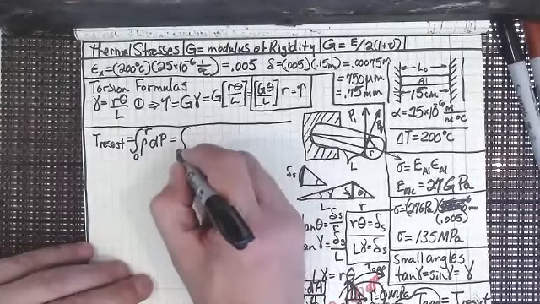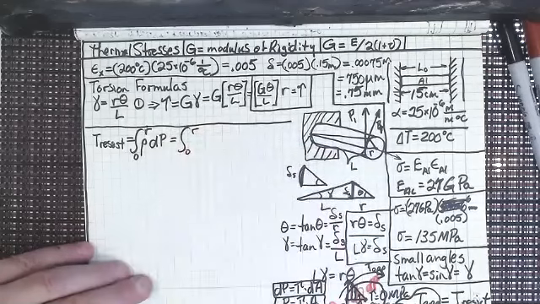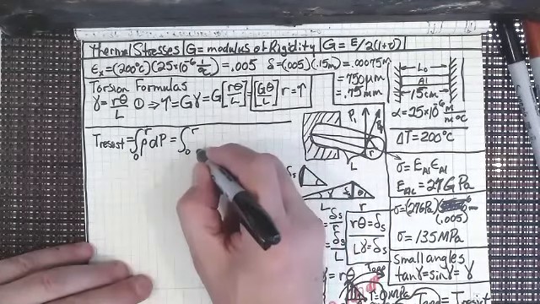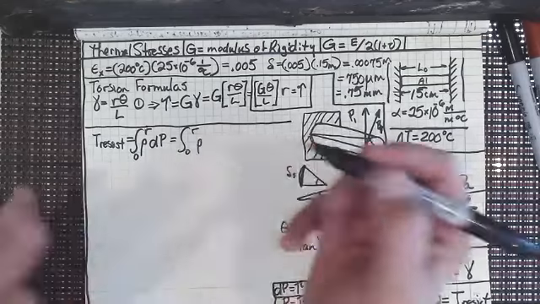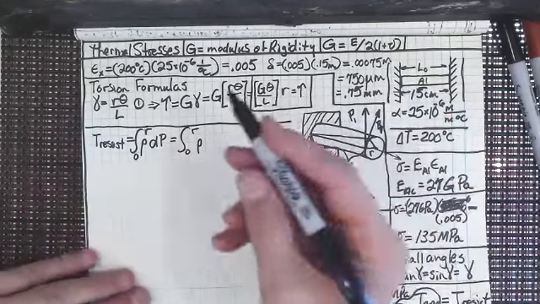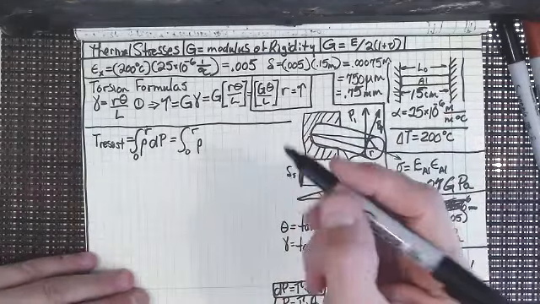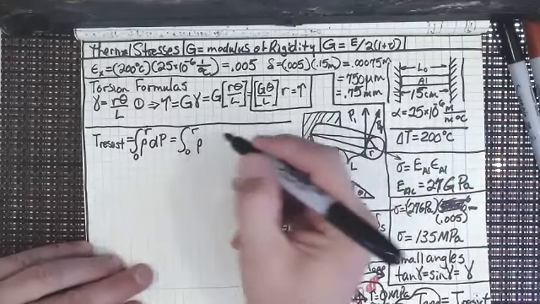So here's my integral from 0 to r of rho. Now let's replace dP with tau dA. I can't remember if it's a capital gamma or a tau, but who knows.